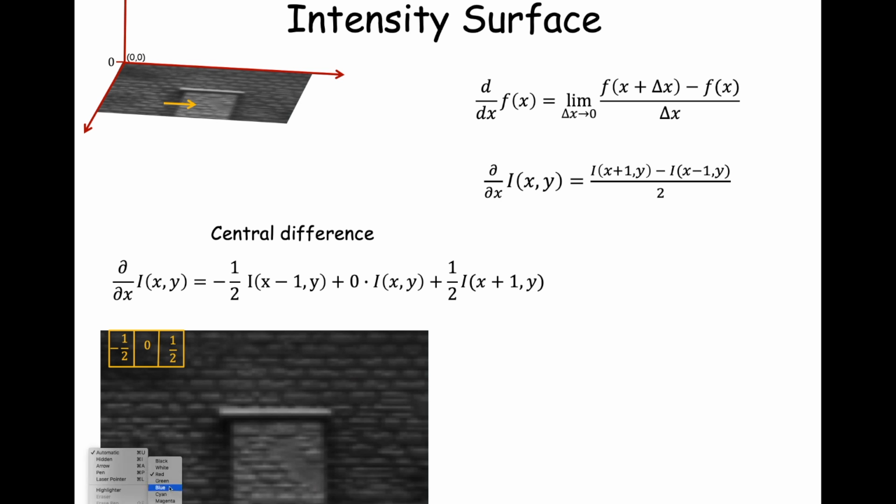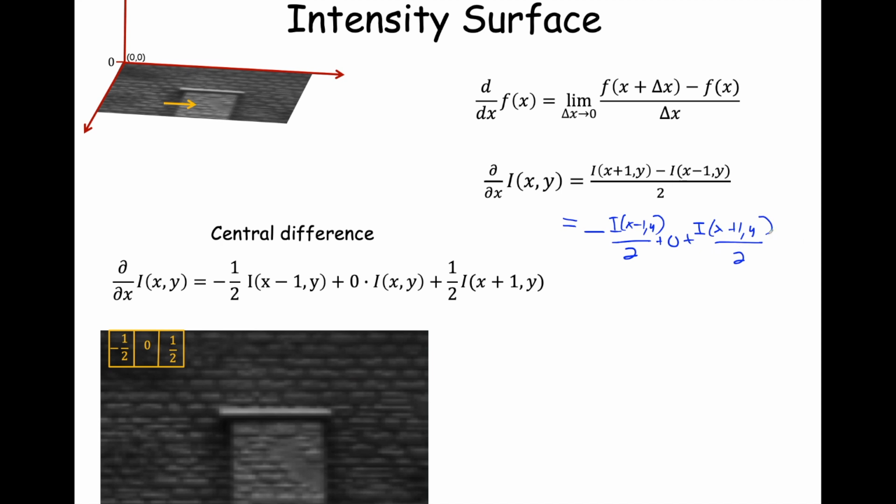and we can rewrite it by decomposing all the terms. The first term we can write as plus I of x plus 1 comma y over 2. The next term is minus I of x minus 1 comma y over 2, plus 0 in the middle, which does not change the expression.